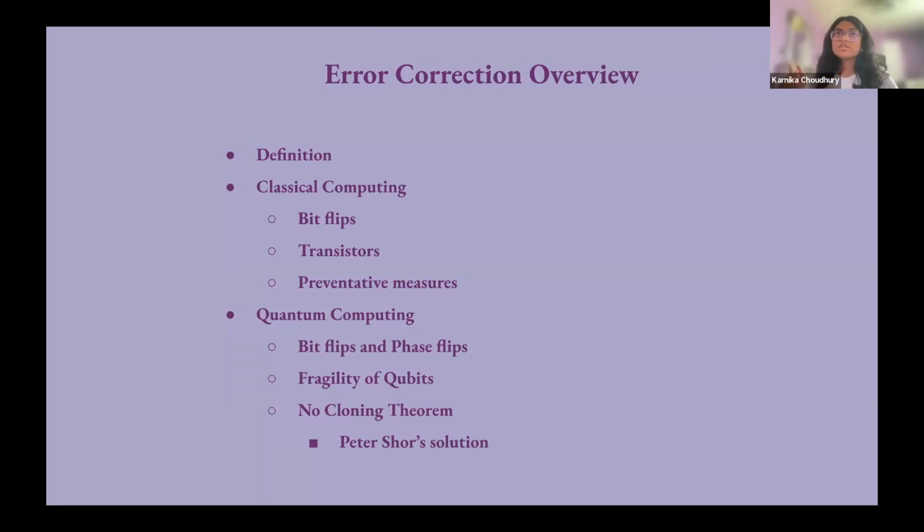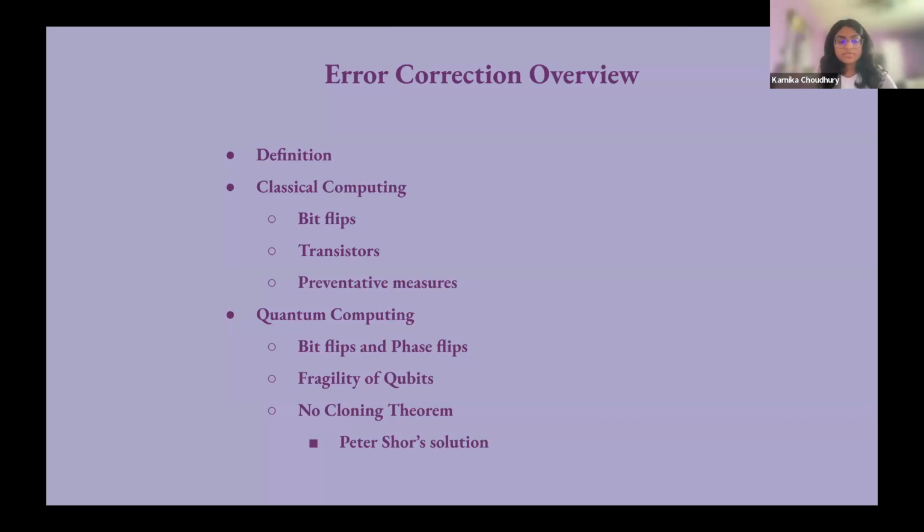And when we encode it, if an error were to occur on one of the bits, let's say it went from 0, 0, 0 to 1, 0, 0, because the other two are 0, and we know we encoded it to have 3 bits instead of 1, by a simple majority rule, we can see that an error occurred on the first bit, we can flip it, and we're done. But since we can't copy states like that in quantum computing, things are a little bit more complex.